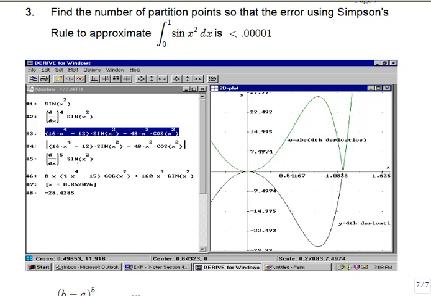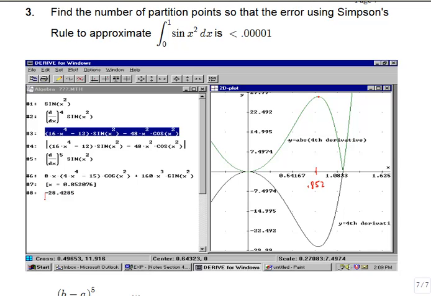The fifth derivative of sine of x squared is this equation right here. And then there's a command on this algebra system that finds the zeros of that, which would be where those critical points are. And that's this x value right here. So at about 0.85, this is going to hit that little peak. If I plug that into the fourth derivative, we get negative 28.4285.